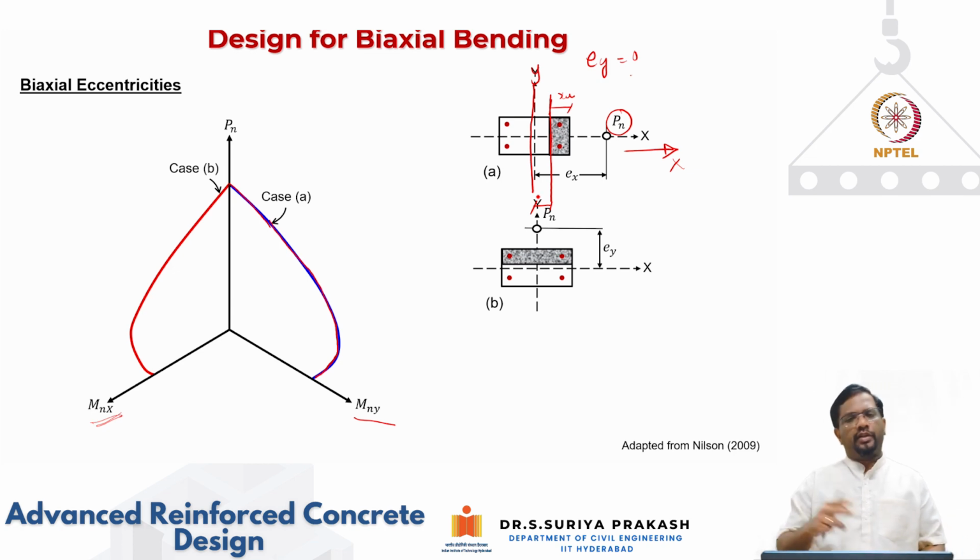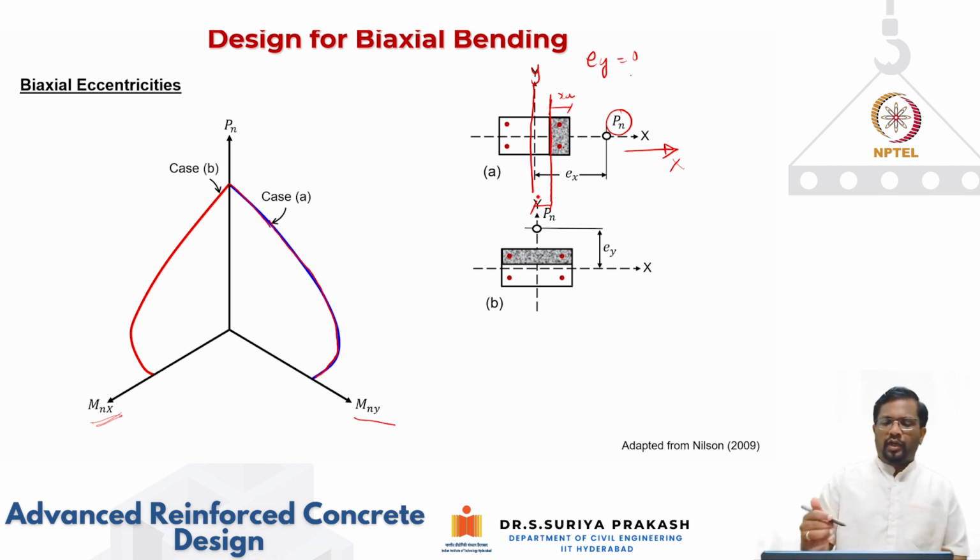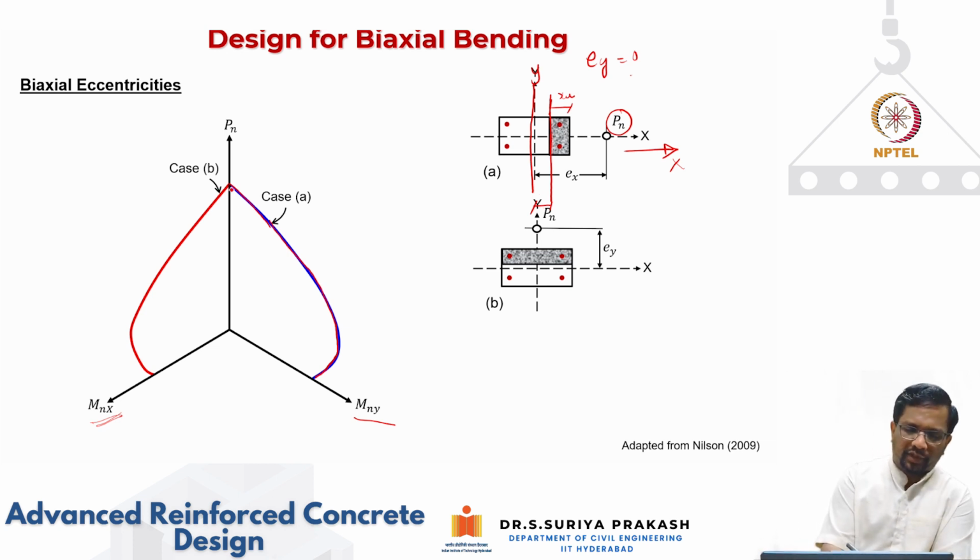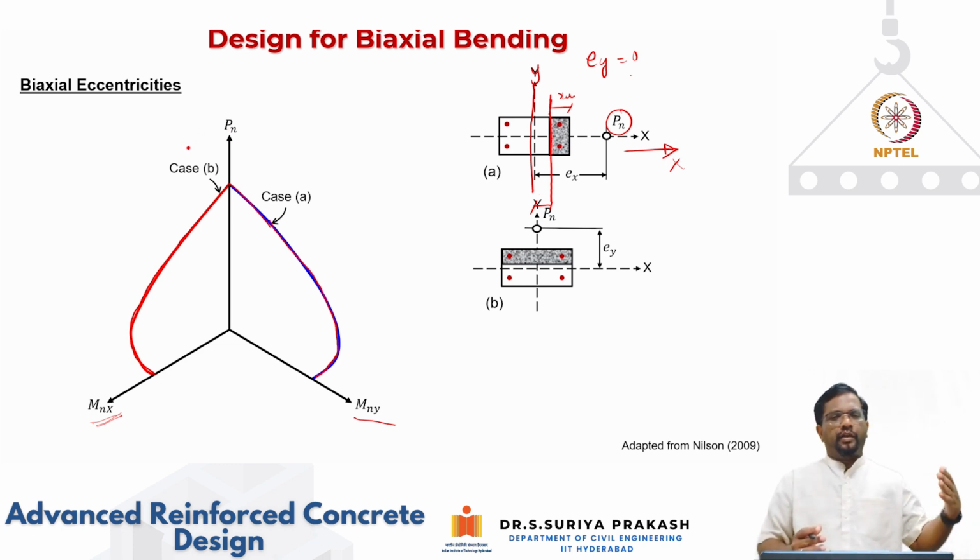Now let's look at another case. Now I am having an axial compression force which is located at an eccentricity with respect to the x-axis. If P is moving along the y-axis, I am going to generate only uniaxial bending about the x-axis, right? So then this becomes your special case. In this plane, you have P and Mx only.